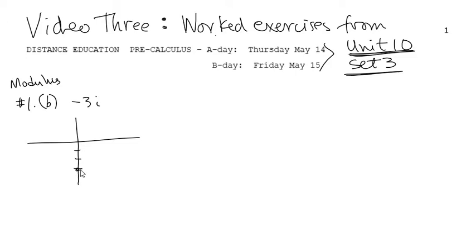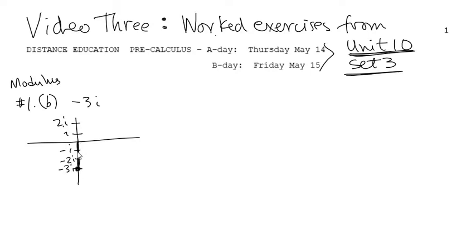And of course, minus 3i is at this point right here on the vertical axis, right? Remember, we label the vertical axis with values of i. And so negative 3i sits at the same point as the Cartesian point 0, negative 3.